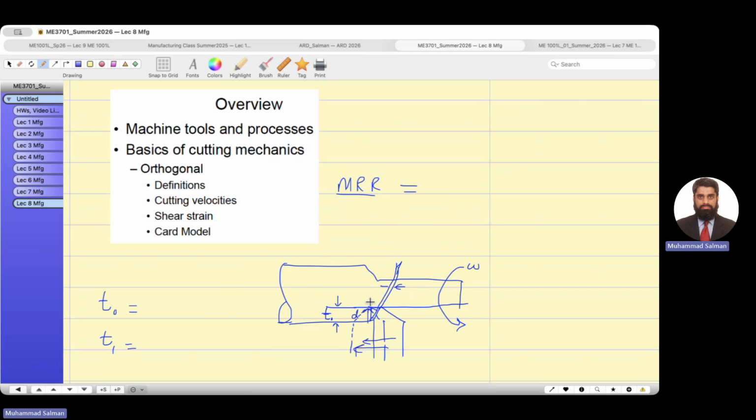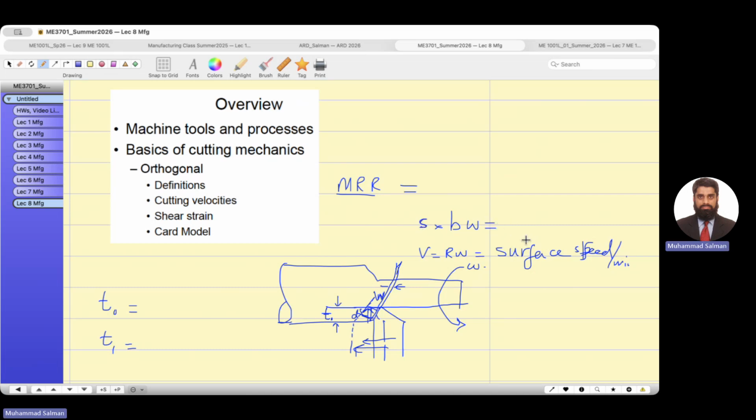And then in one revolution, this is W. The width of cut is equal to the motion of the tool in one revolution. Width of cut times depth of cut gives you the area, B times W. And then the tangential speed equals R omega. We call it surface speed per minute, S.